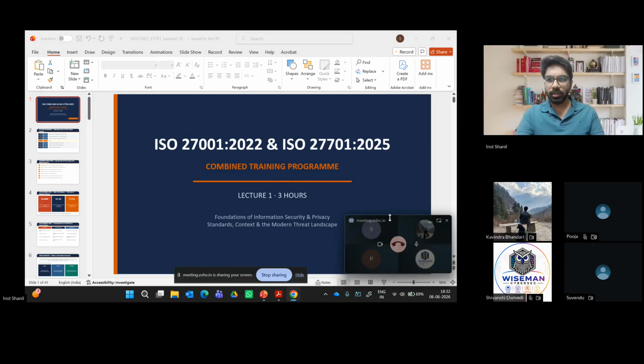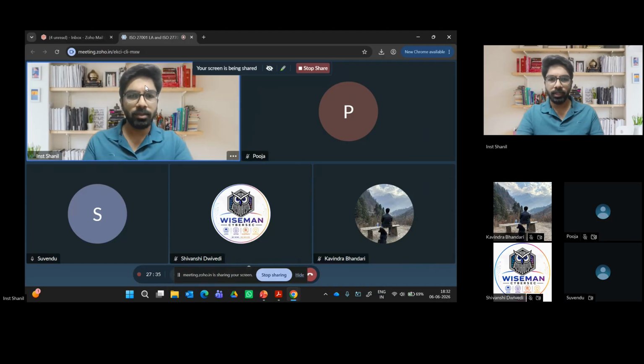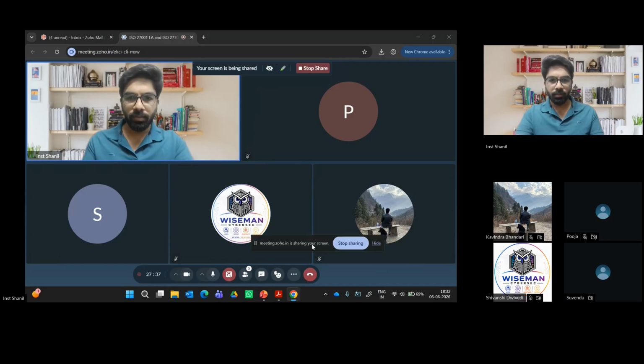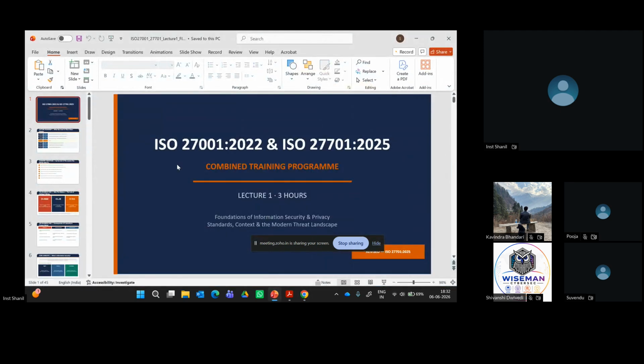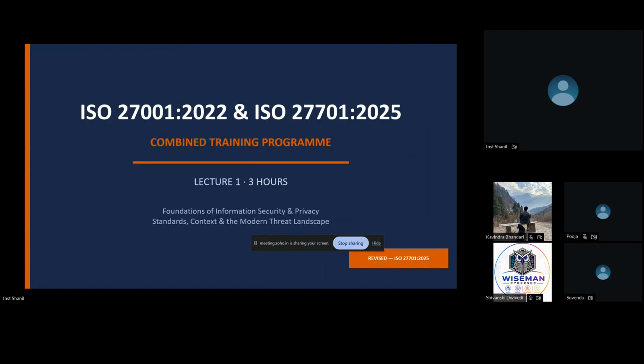Let me try to switch off my camera, maybe that is obstructing it. Is it appearing fine now? Yes, fine, because the complete screen is appearing here. I think the camera and screen share were not working together.